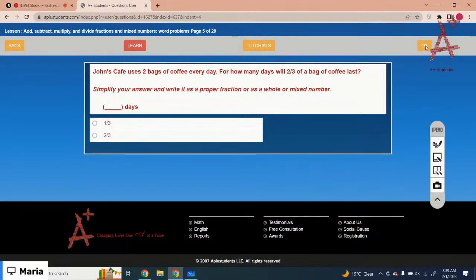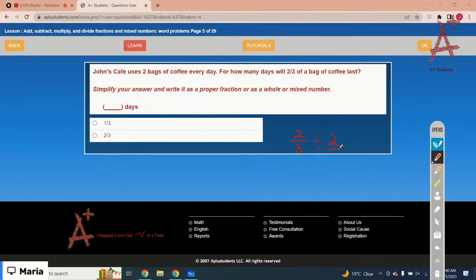Okay, John's Cafe uses 2 bags of coffee each day, every day. For how many days will 2/3 of a bag of coffee last? Because they are using 2 bags of coffee every day, you have to basically divide 2 over 3 by 2.